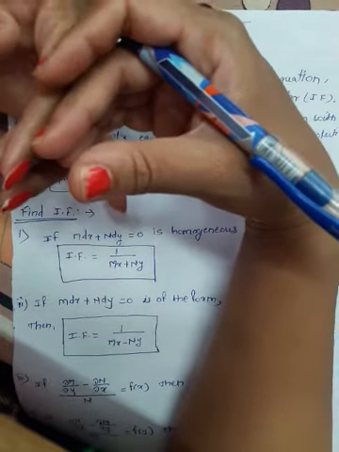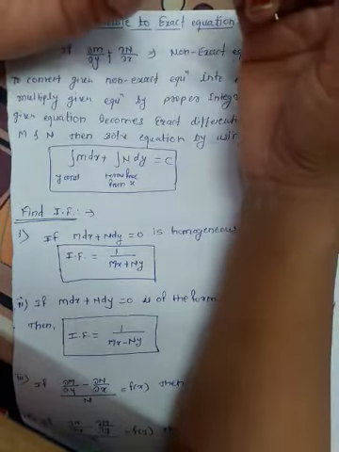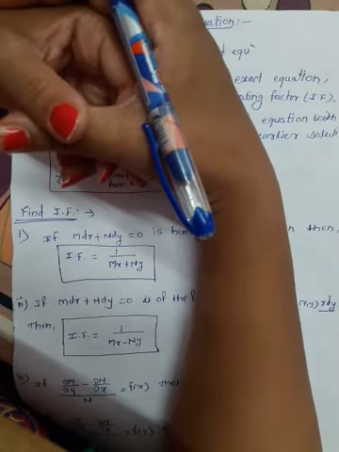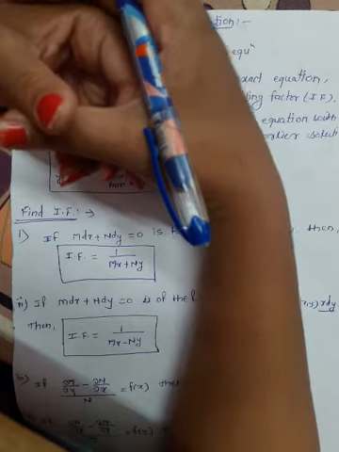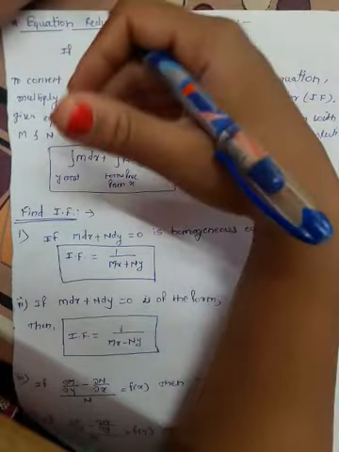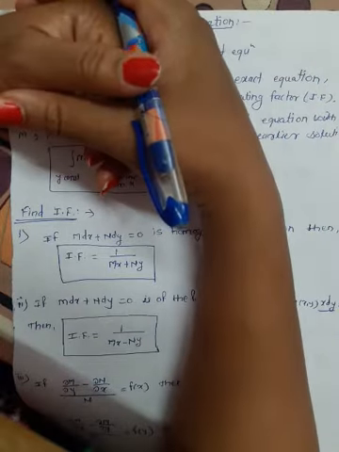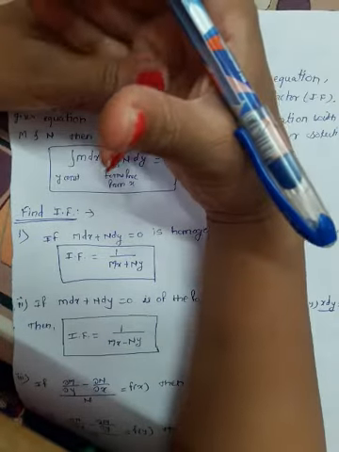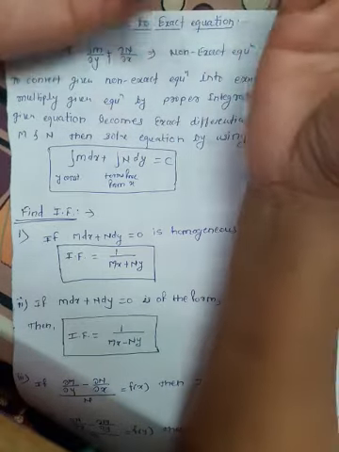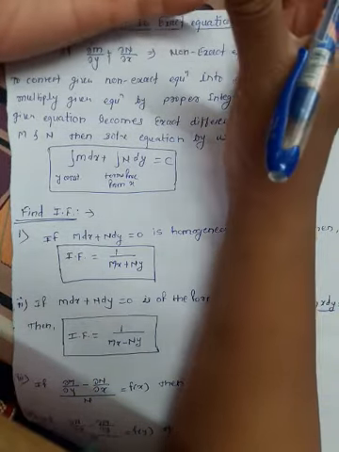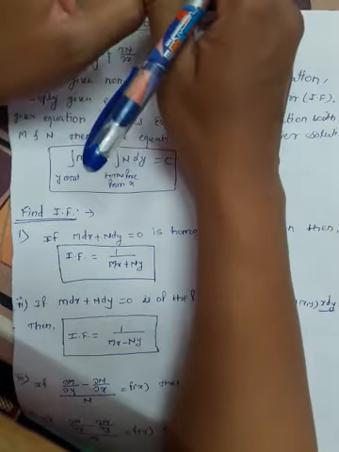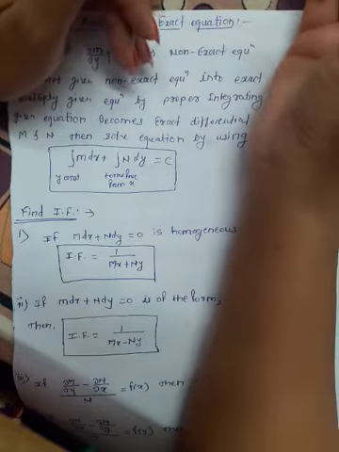The examples which are not exact differential equations, we have to reduce first into exact differential equation by finding out the proper integrating factor. How to find those integrating factors? Those are particular formulas. After finding the integrating factor, we multiply the given non-exact equation on both sides by that integrating factor. It becomes the exact differential equation. And once it becomes exact, we know how to solve that.